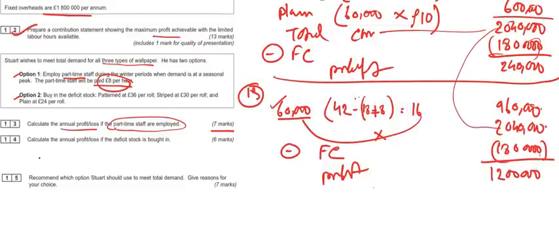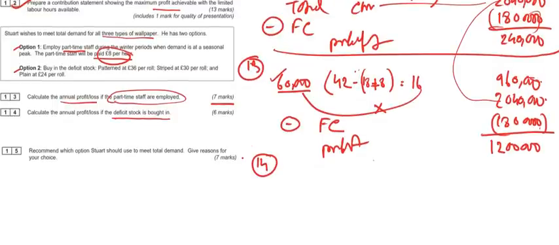Okay, you have been given another option, number 14. Calculate the annual profit or loss if deficit stock is bought in. If you don't produce those stocks, rather you buy and sell. What is your deficit, the pattern, isn't it? You can buy it for 36. Rest is striped and all these are none of our concern, cross it out.